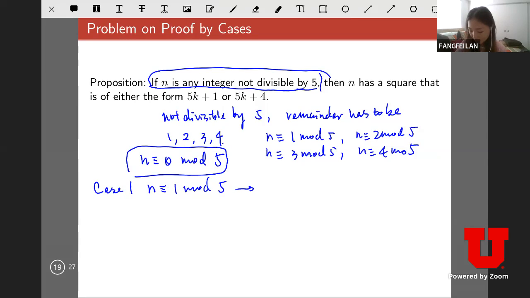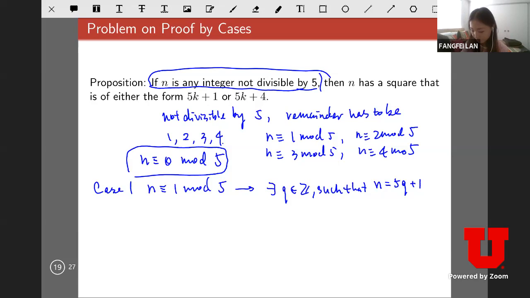Yes, so that means there exists, let's not use k, let's use something else, some q in Z such that n is equal to 5q plus 1. We're not going to use k for now, and we'll look at what happens later on.